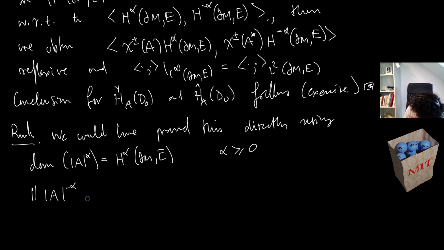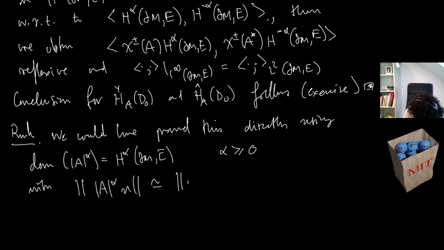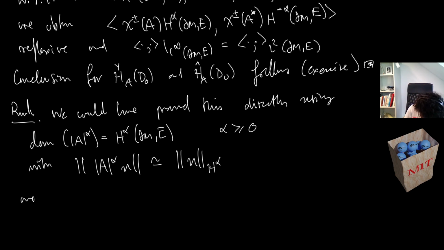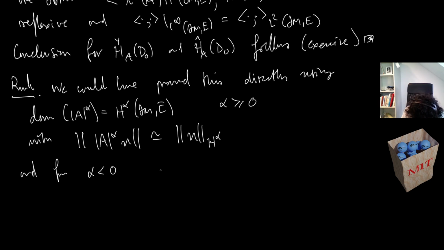Okay, so I should say that this is with the estimate A alpha of U is comparable to U H alpha. And for alpha below 0, what we have is a negative alpha of U is comparable to U H minus alpha.